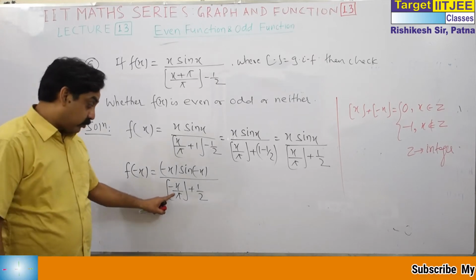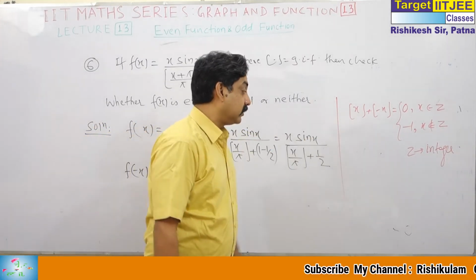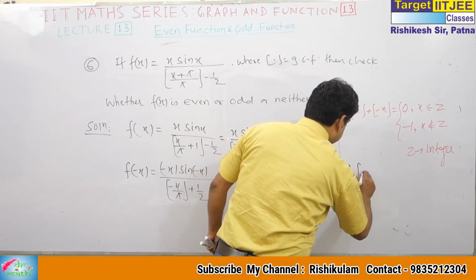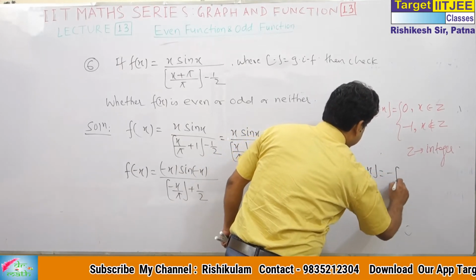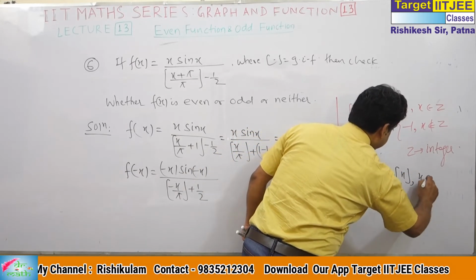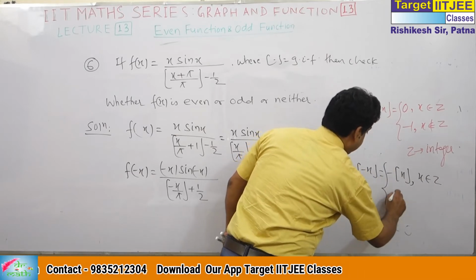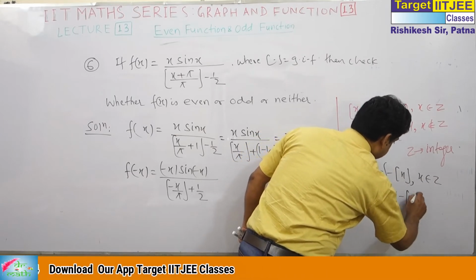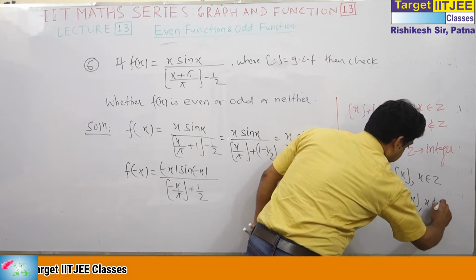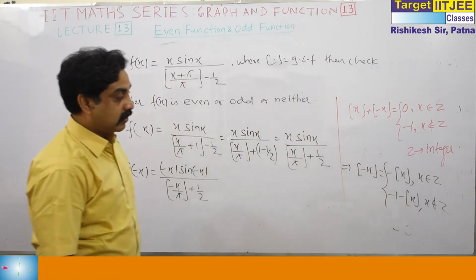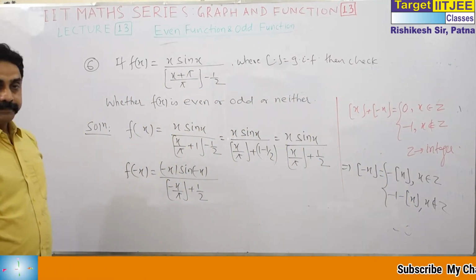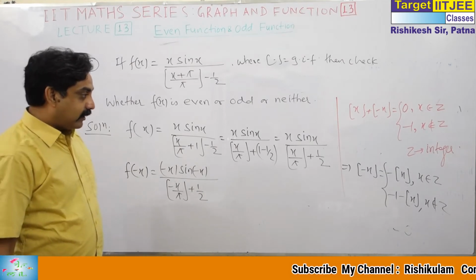Now, to do this, we have to depend on this. The greatest integer of minus x is minus the greatest integer of x when x belongs to Z, and minus 1 minus the greatest integer of x when x does not belong to Z. So this is important. But how do we take two cases?